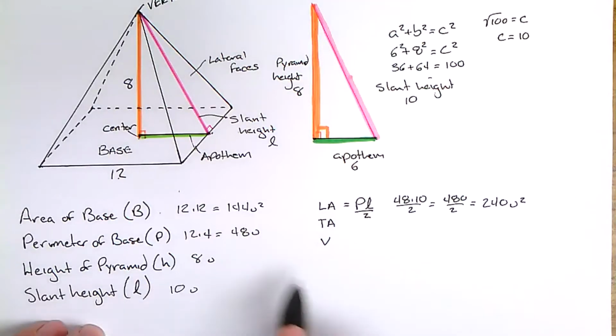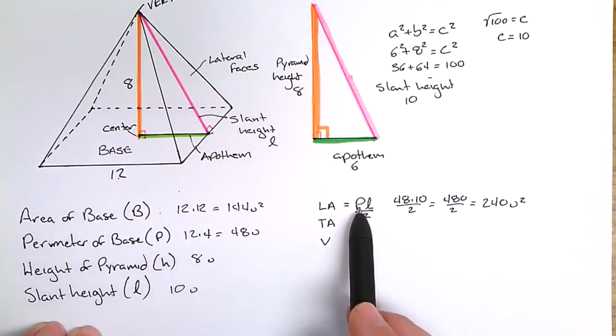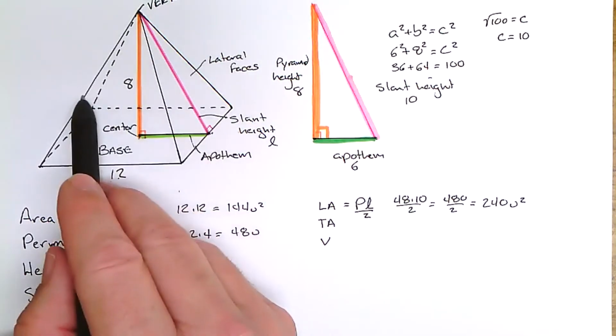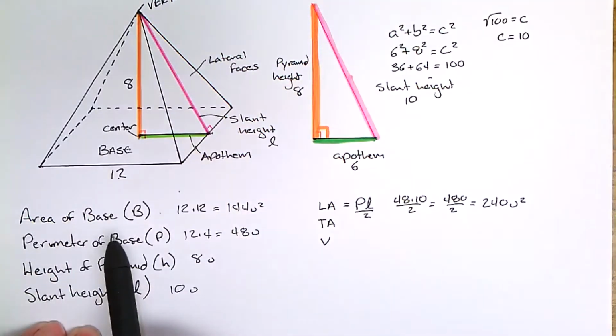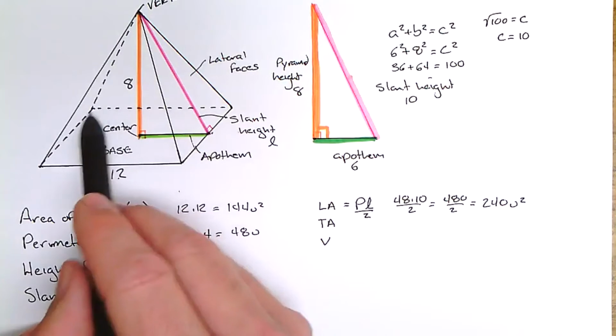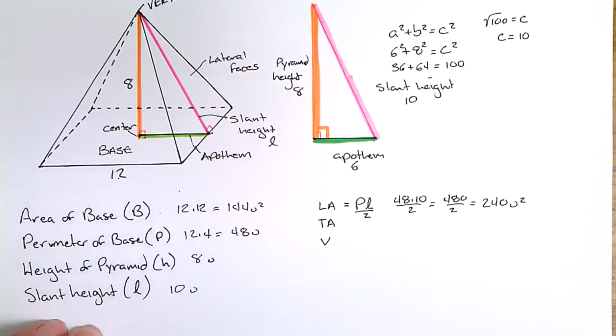And if we look at this, perimeter times the slant height divided by 2 is the formula of the triangle for this triangular face, this triangular face, this triangular face, and this triangular face all at once, because the perimeter is simply each of these triangular bases.